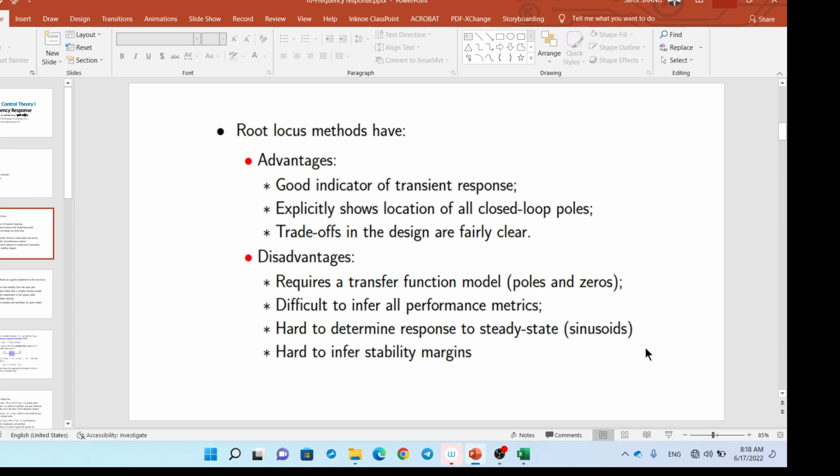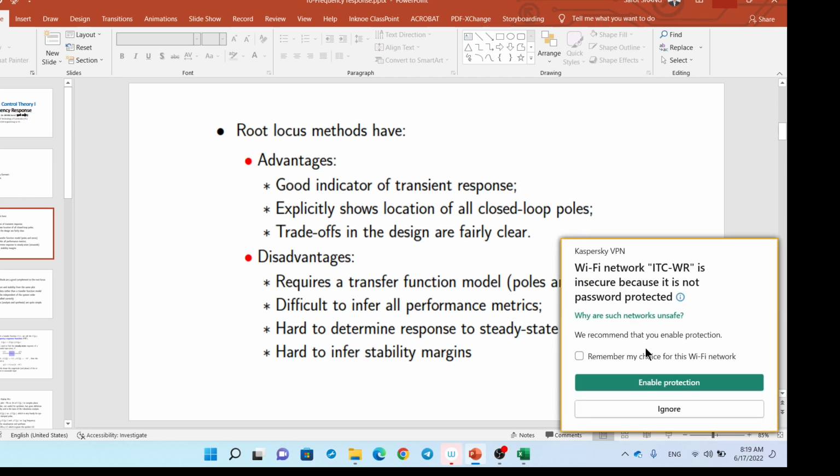The first point, it is a good indicator of transient response. So you can see the location of the poles. If you have a large complex number, then the response induces large oscillation. So it is very obvious that it's a good indicator for the transient response.